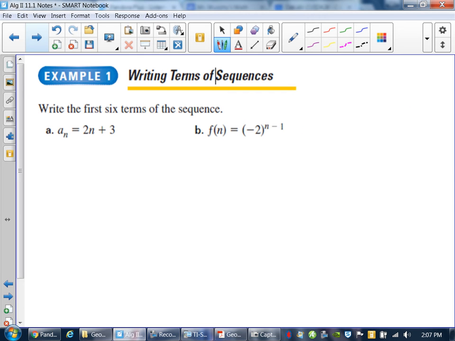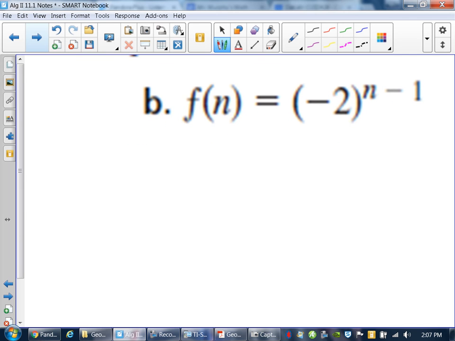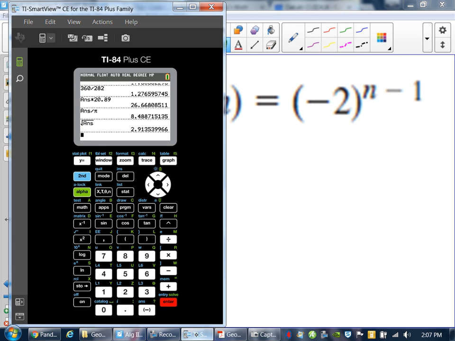Okay. Do I ever need to ask you guys to write down the first 6 terms of a given sequence? No. You know why? Because we're smart. Because it's busy work, but you also have a button on your calculator. For example, if I go to the y equals table, you can plug that in.